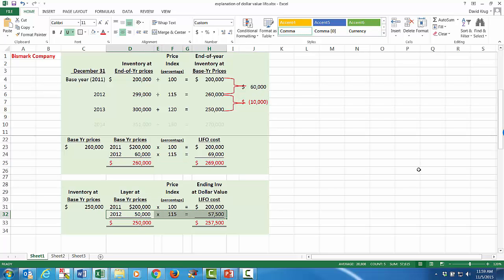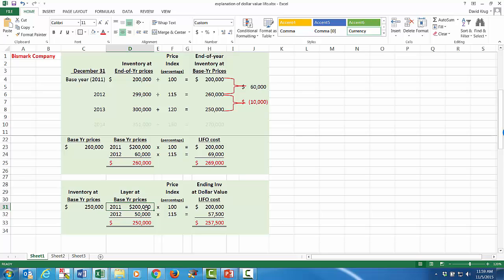That 2012 layer is now at 50,000. When we have a decrease like this, it does not form a new layer, but it rather decreases the previous layer. So we have this 50,000. That's the layer at base year prices. This 250 here equals the 250 there.